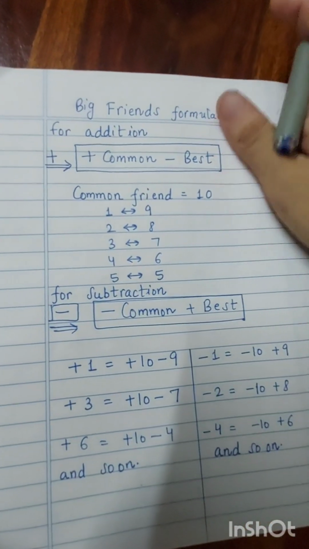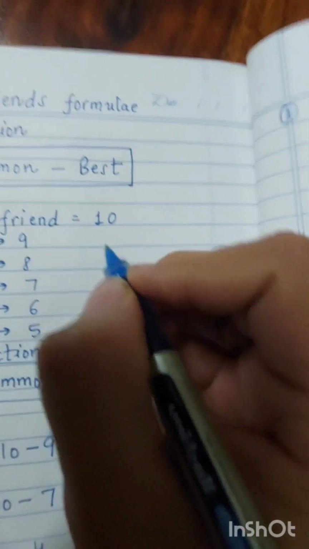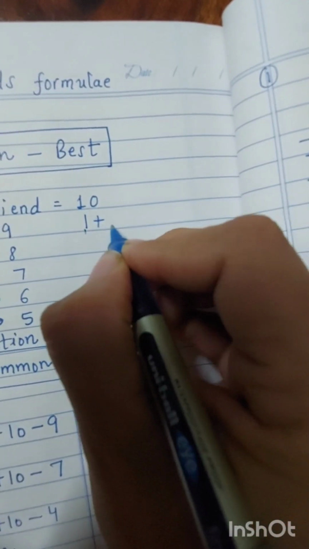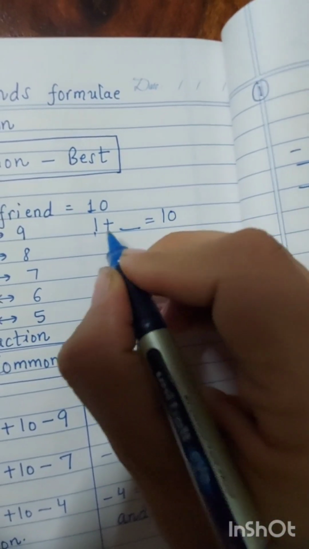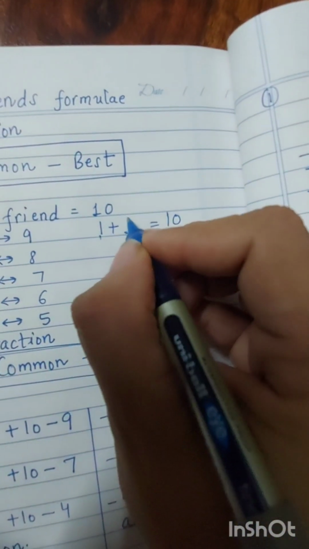I have already shared the trick of how we get the best friends. See, what will you add to 1 to get the common friend? What is the common friend here? 10. What will you add to 1 to get 10? You will add 9.